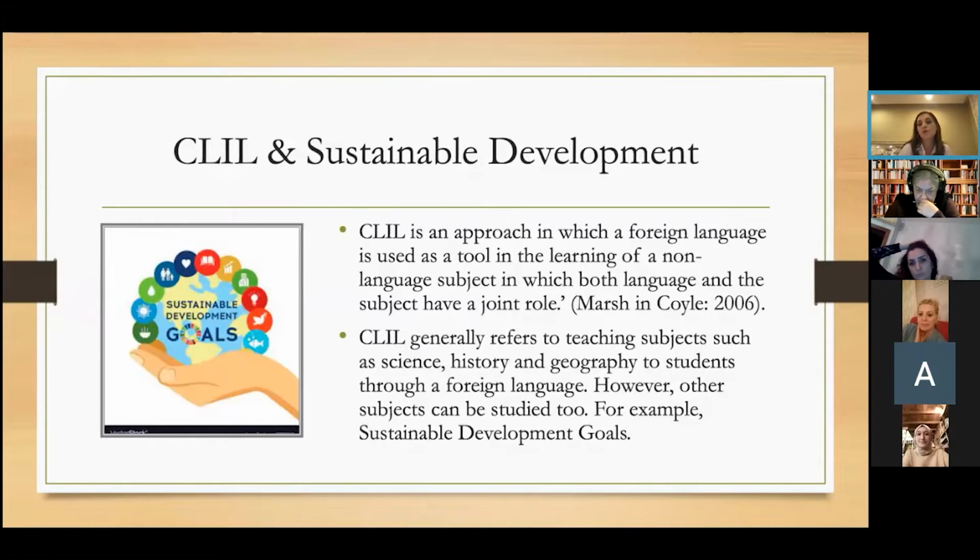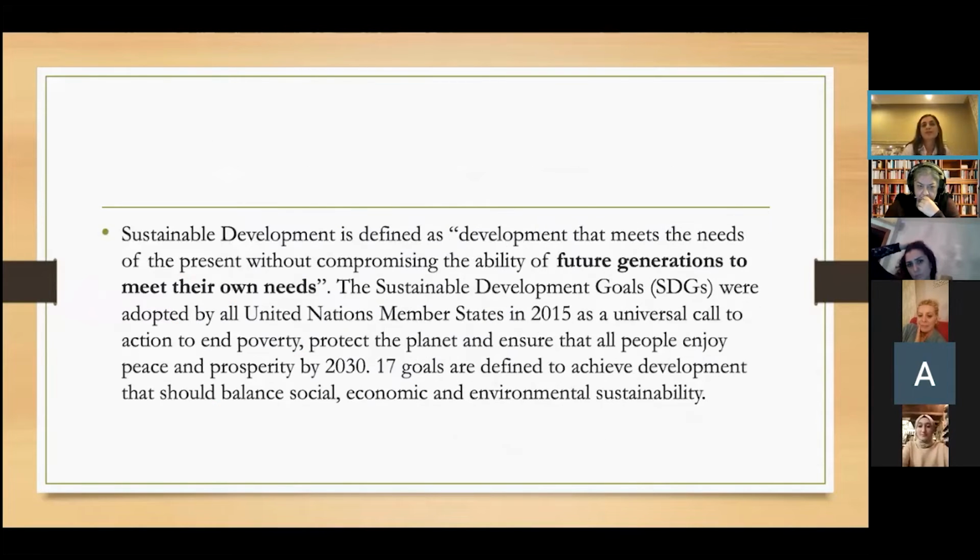sustainable development goals. Let me first explain what we mean by sustainable development. It is defined as development that meets the needs of the present without compromising the ability of future generations to meet their own needs.